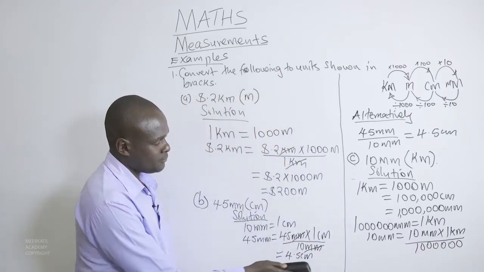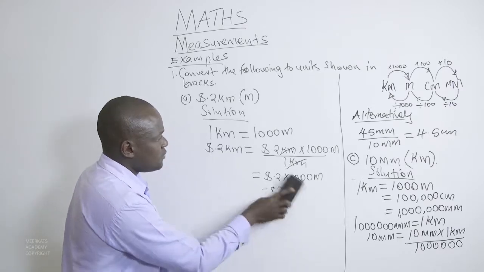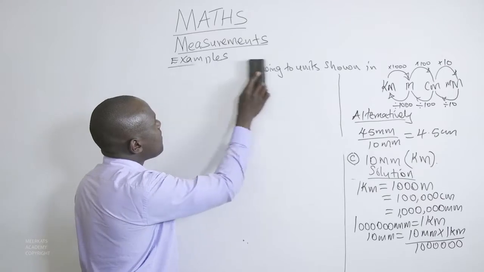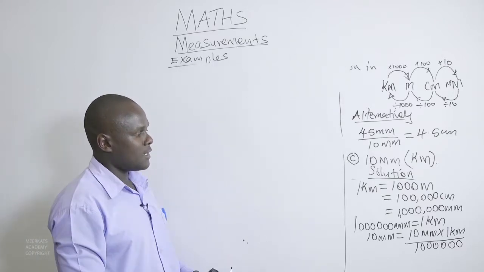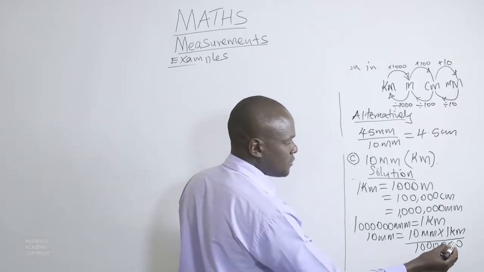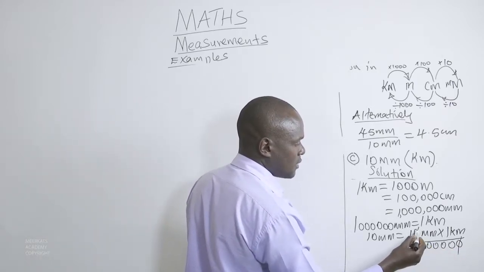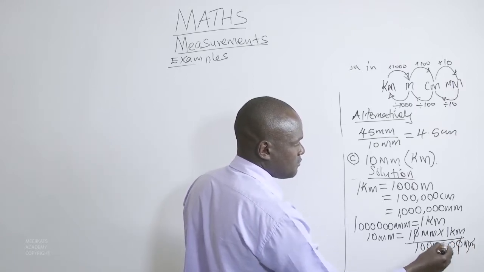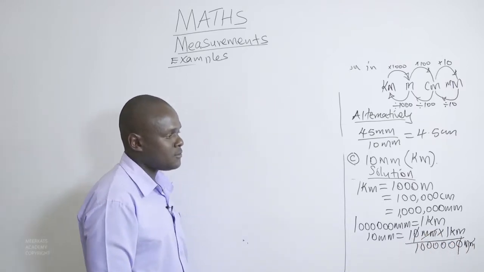By a million. And when you do that, we are going to get a decimal number. This is the same as this 0, and this one cancels. And millimeter and millimeter will cancel.